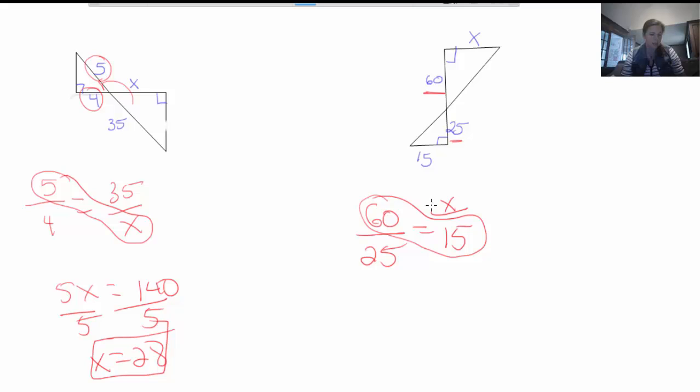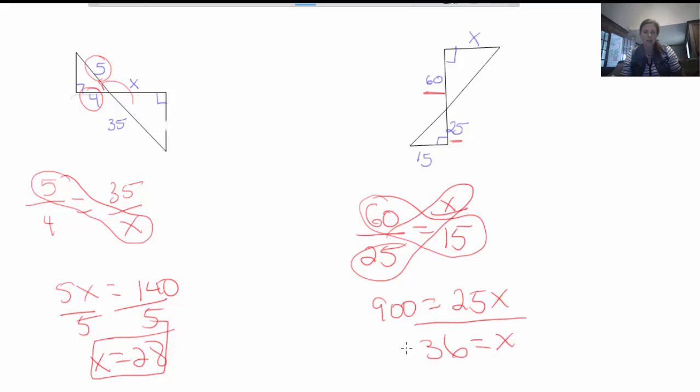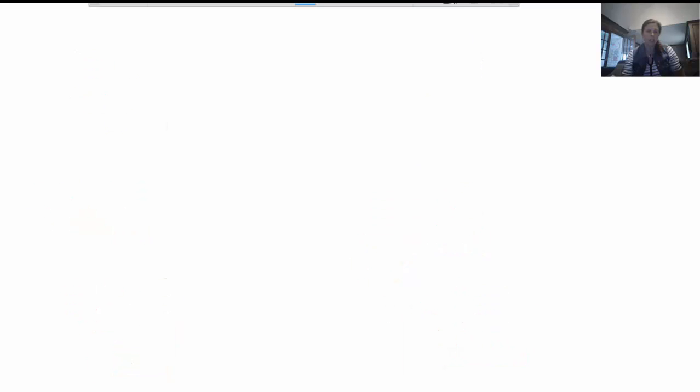Oops, I did 60 times 16. So 900 equals 25x. So that's going to be 36 equals x. Okay, so we're setting up a proportion and solving.